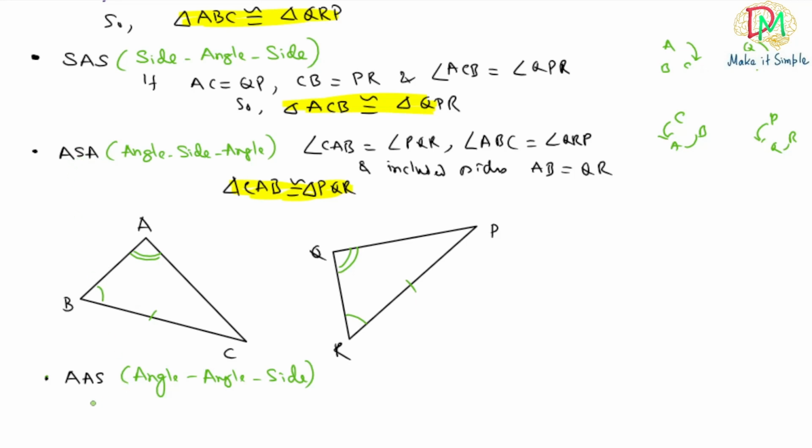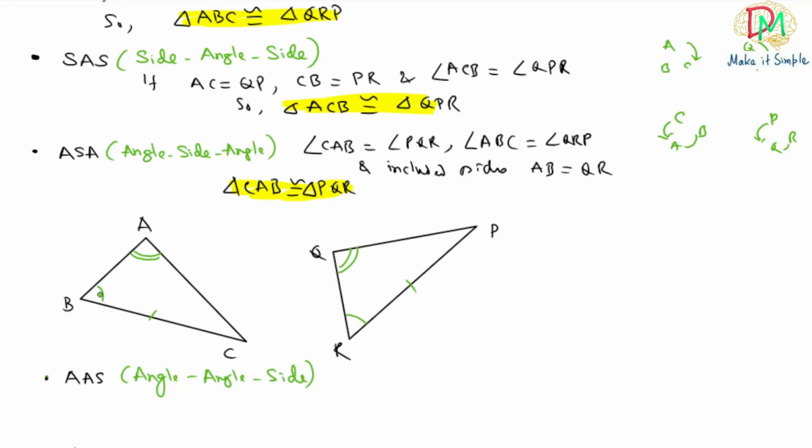But what is the difference? Here for ASA, we consider the side included by the two angles. But here we consider the side other than the included side. Clear?